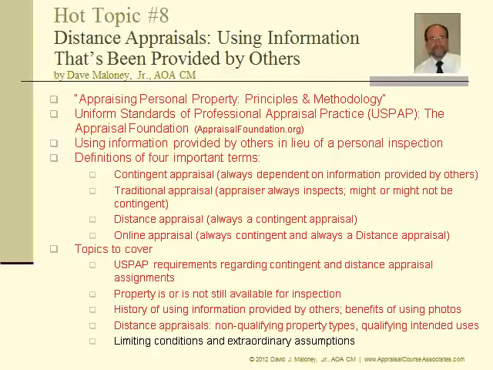We'll also discuss the intended uses which lend themselves to such distance appraisals. And lastly, we'll discuss the limiting conditions and associated extraordinary assumptions that are inherent in distance appraisal assignments, in which, in lieu of a personal inspection, the appraiser makes use of photographs and other information provided by others.